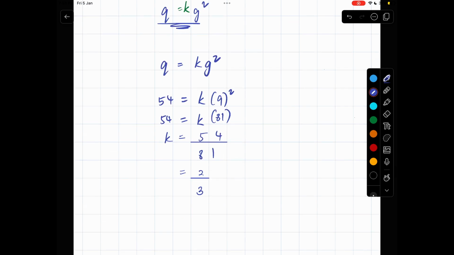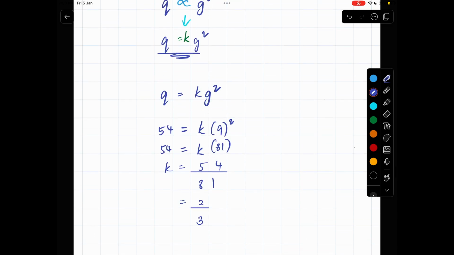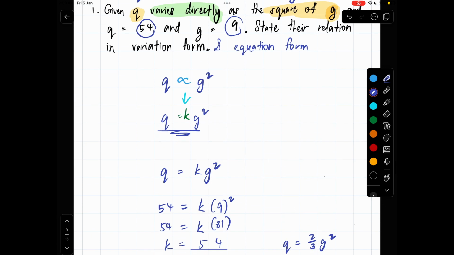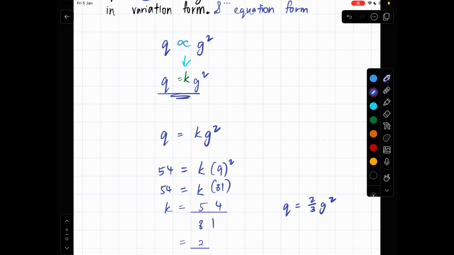So now that we know that K is 2 over 3, we can rewrite the equation form as Q equals to 2 over 3 G squared. That's the first question. Hopefully you got these two answers. And let's move on to the next question.